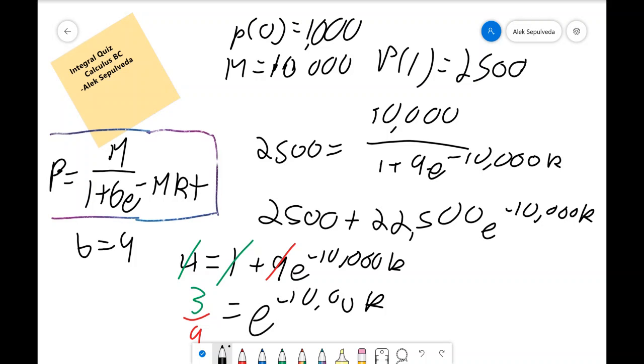So we can do natural log. Natural log of 1/3, a simplification of 3/9, and we can also divide by negative 10,000 equal to k. So let me clear some space.